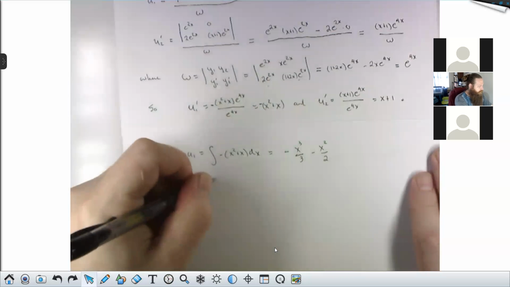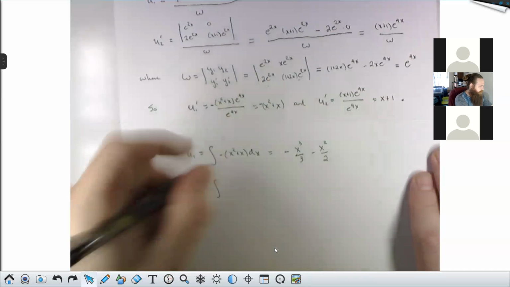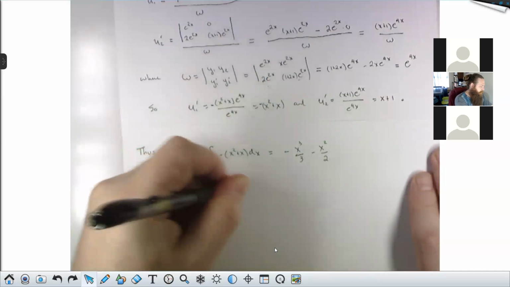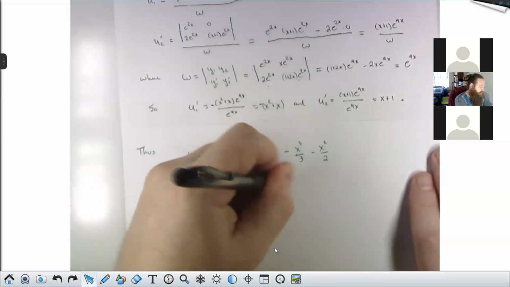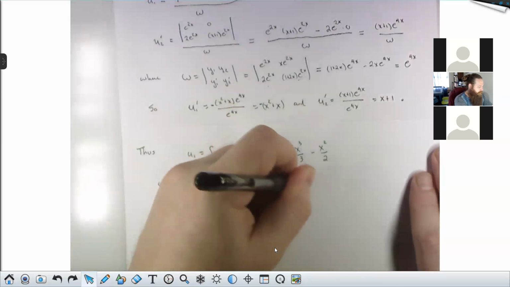And u2, the integral of x plus 1 dx, which is x squared over 2 plus x.